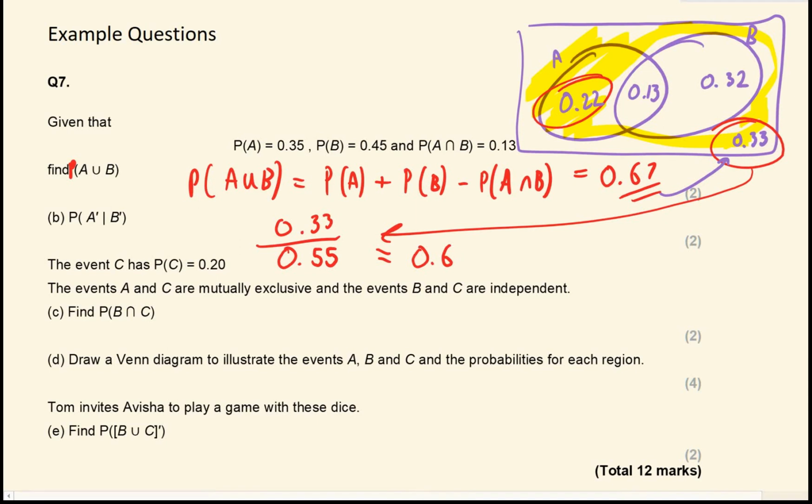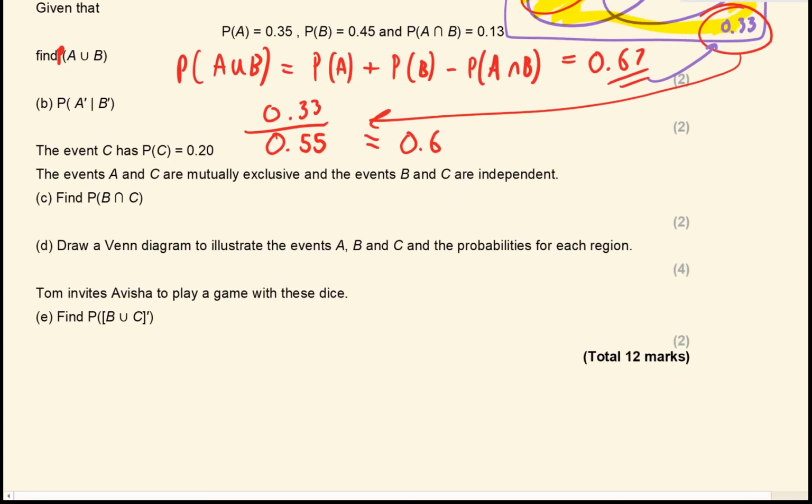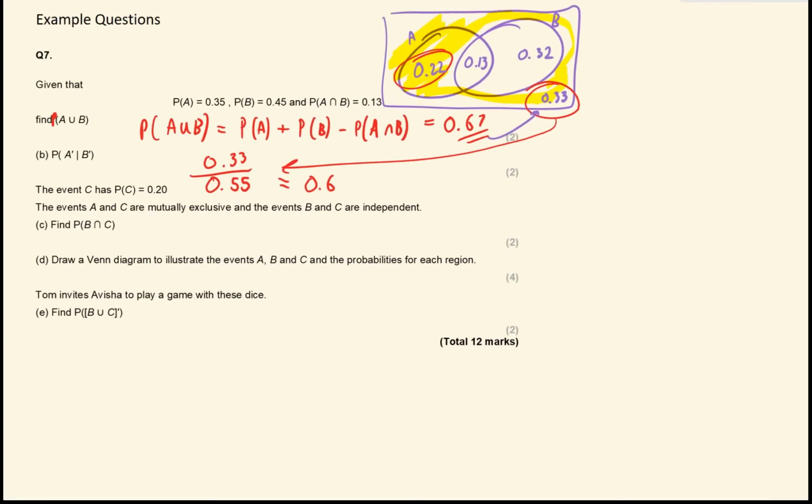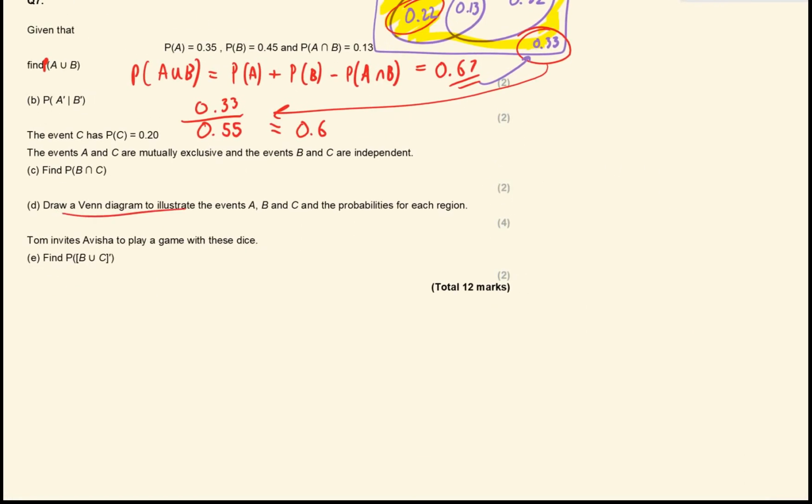Okay, let's keep going. The event C, we have a new event, has probability of being 0.2. We are told the events A and C are mutually exclusive, and the events B and C are independent. So, in part D, we're drawing a Venn diagram anyway. I'm going to start drawing it now, just to get a handle of what's going on.